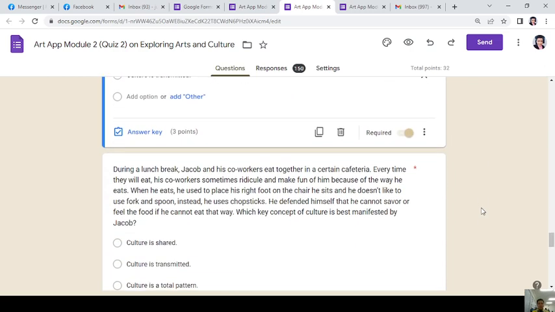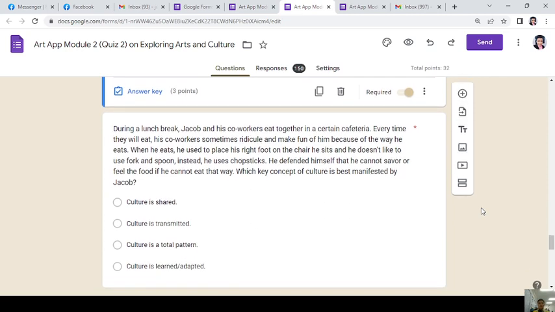So, different in culture. Next, during a lunch break, Jacob and his co-workers eat together in a certain cafeteria. Every time they eat, his co-workers sometimes ridicule and make fun of him because of the way he eats. When he eats, he used to place his right foot on the chair he sits on, and he doesn't like to use fork and spoon.